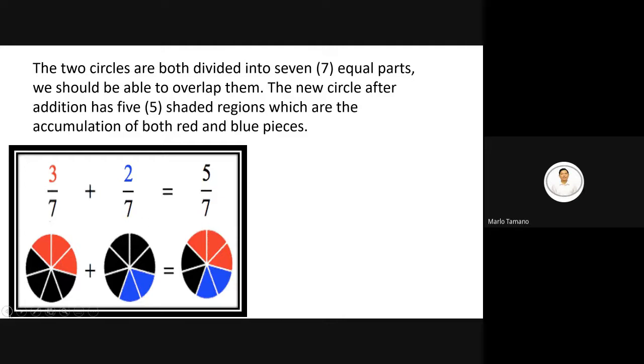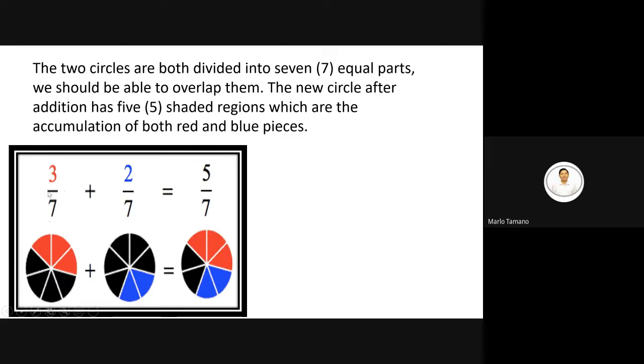We have here the circle, again divided into 7 equal parts. There are 3 red parts, or slices of the circle or pie. So we will consider it as a pie. So there are 3 red. To represent as a whole, we have 3 over 7.